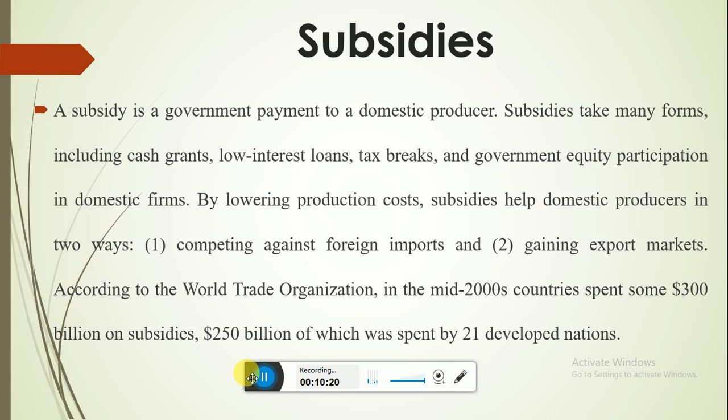So in order to support local businessmen and local companies, that's another form of what we call subsidies that governments can use in order to support their local and domestic products.